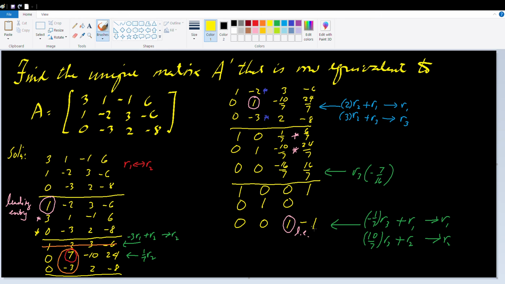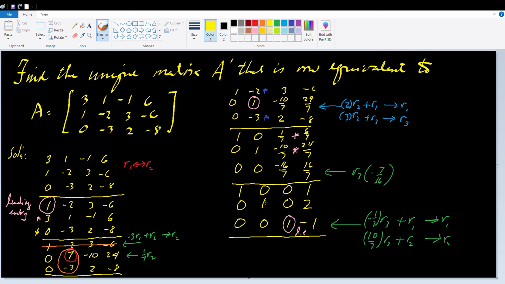Negative 1 times 10 over 7 is negative 10 over 7. Negative 10 over 7 plus 24 over 7 will be positive 14 over 7, or 2.